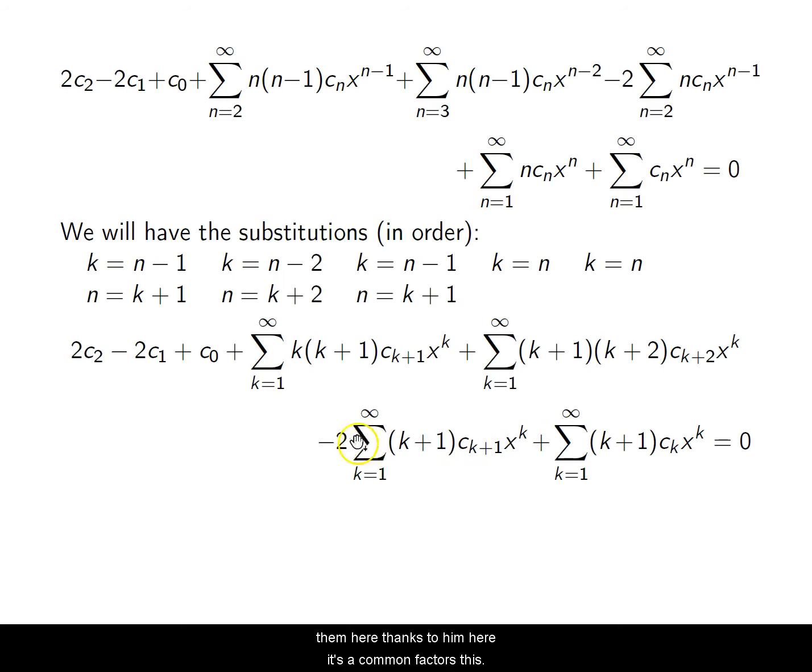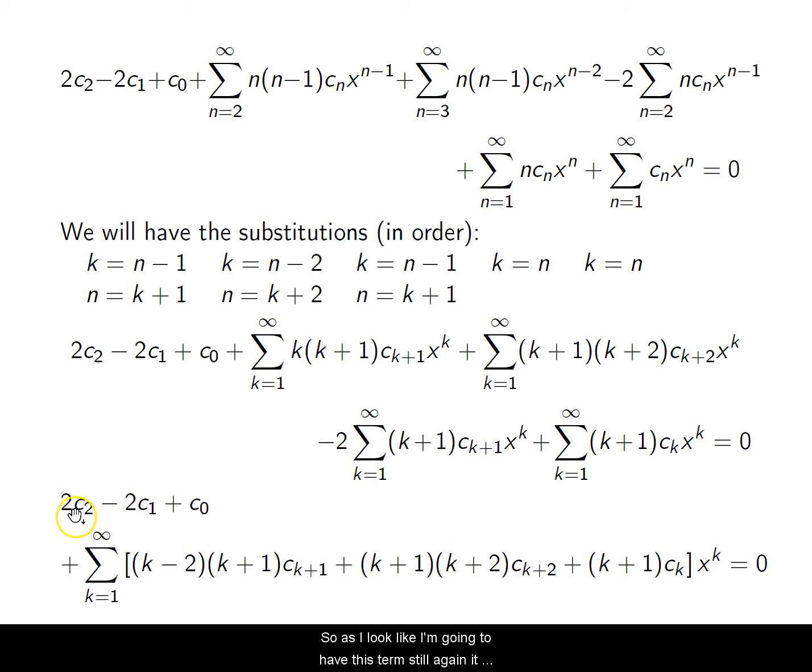There's k of them here, there's negative 2 of them here. It's a common factor. These three terms here are common in both. So if I were to say this thing minus this thing, I can pull out a common factor of k plus 1, c_(k+1), x to the k. So the k minus 2 gets its own set of parentheses.